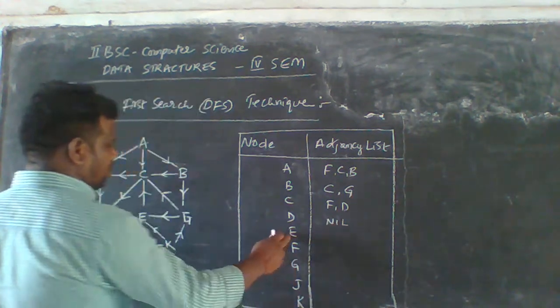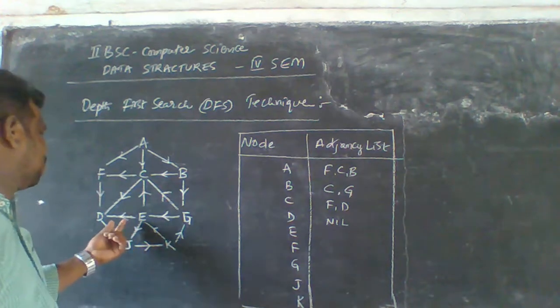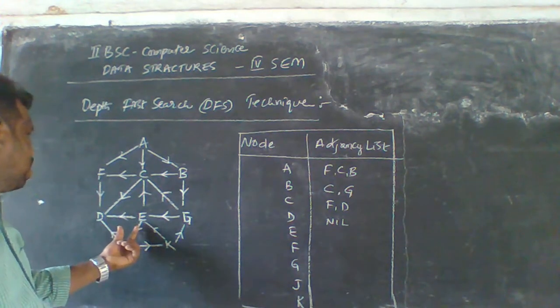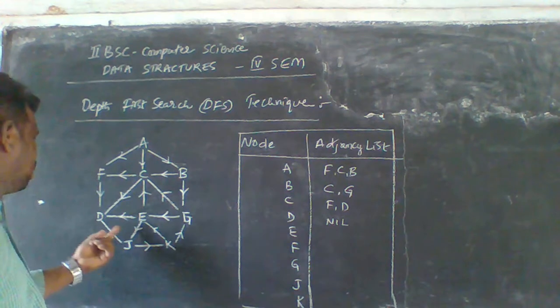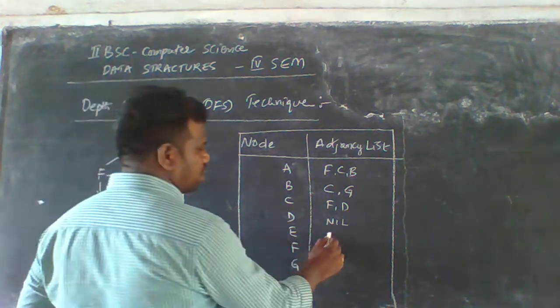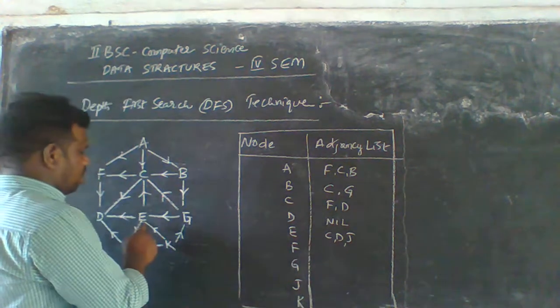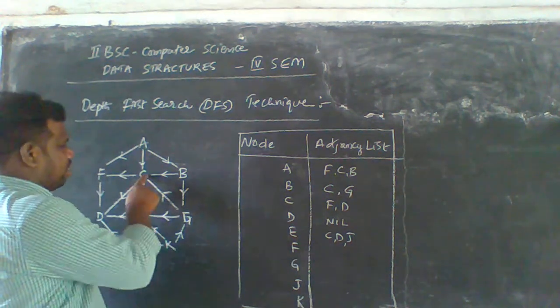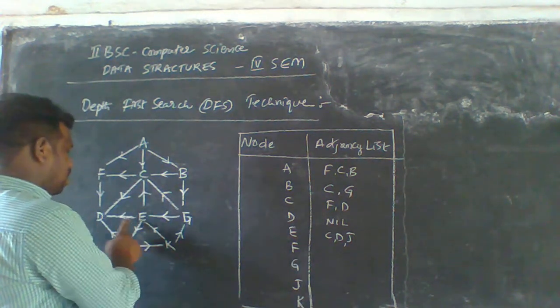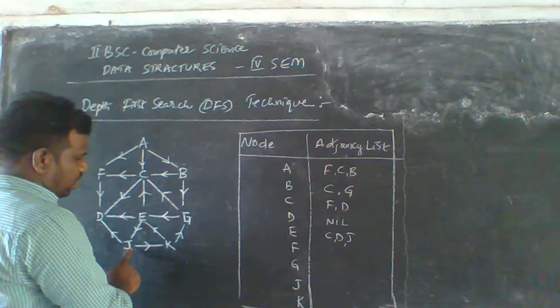Okay, next E: the out-degrees are C, D, J, because these are the out-degrees. At E, the out-degrees are C and D, and also directed to J.